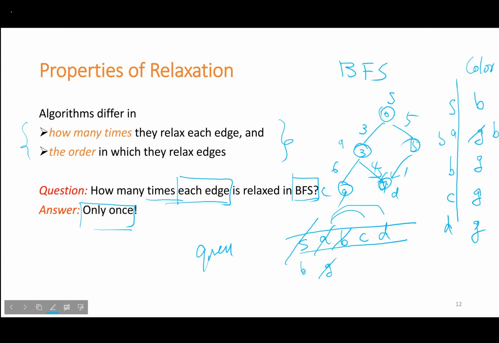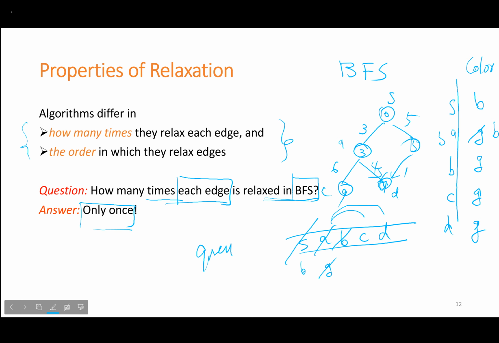In BFS, since they use a specific order such that they do not repeat relaxing some edge, this is a good solution.